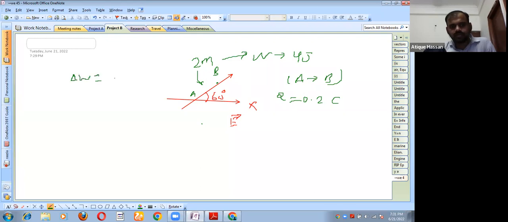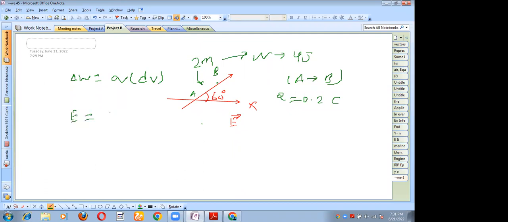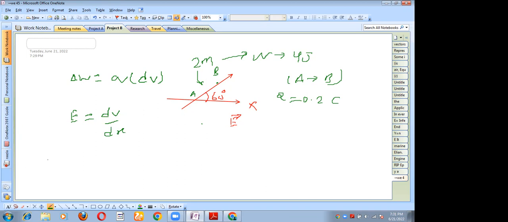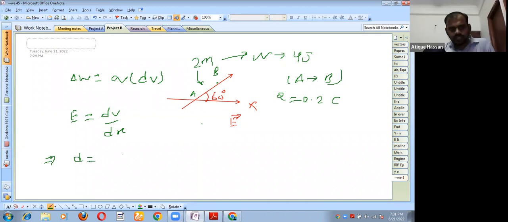We know that work done is always Q into change in potential. Also we know that E is equal to minus dV by dx, right? Yes, sir. So dV is equal to E dx. This means we know that dV is equal to E dx.